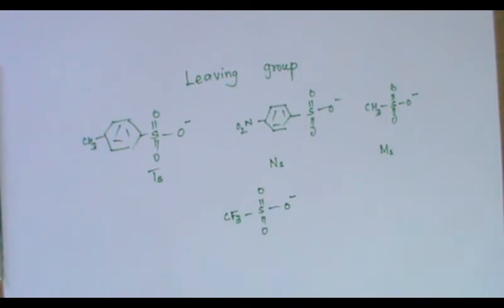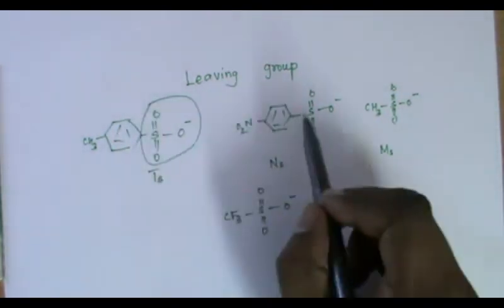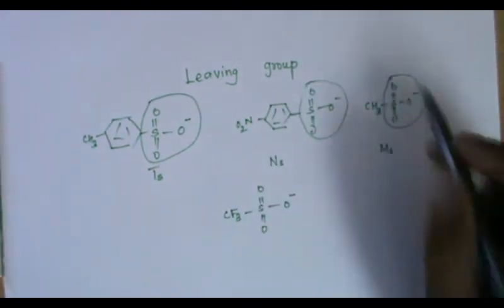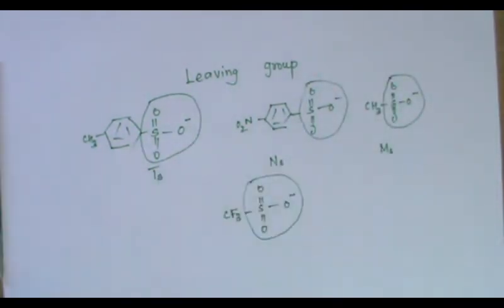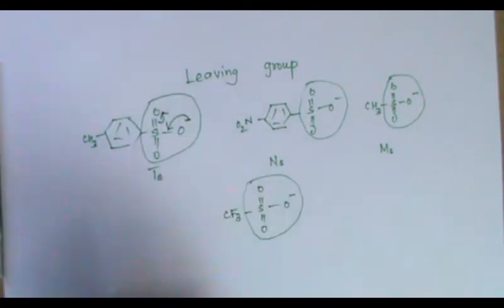O minus. If you look at this, we have sulfonate in all the four leaving groups, and after that it is attached with some group. These groups can be easily replaced by a nucleophile, because once it has left the organic molecule, this minus charge can delocalize over this oxygen atom.